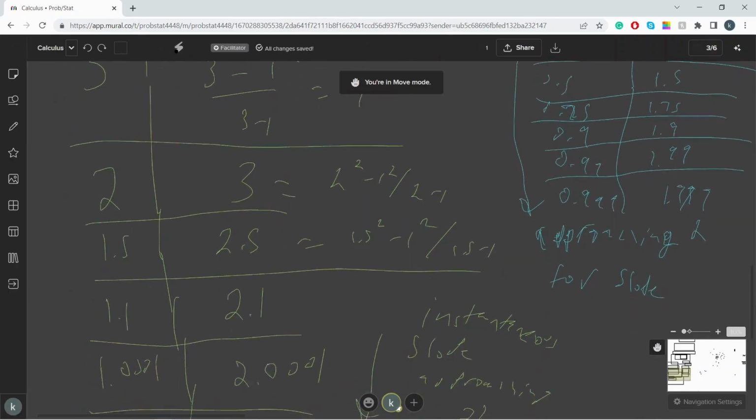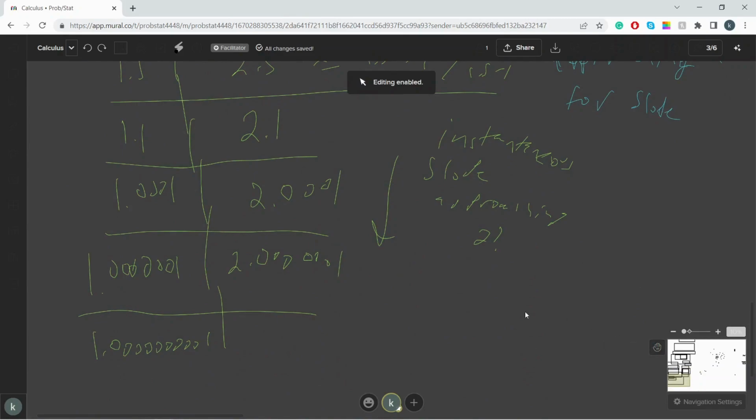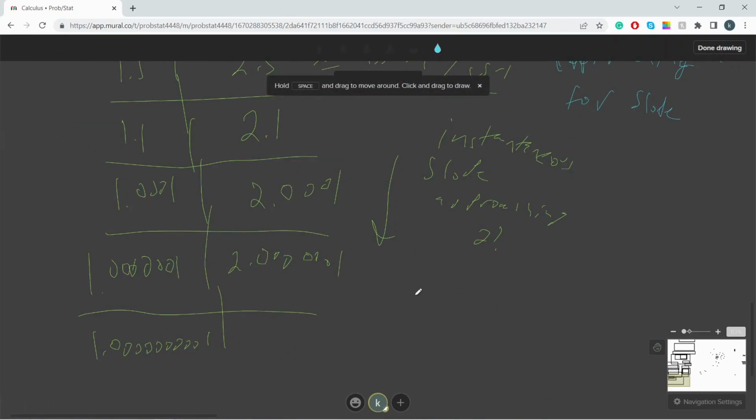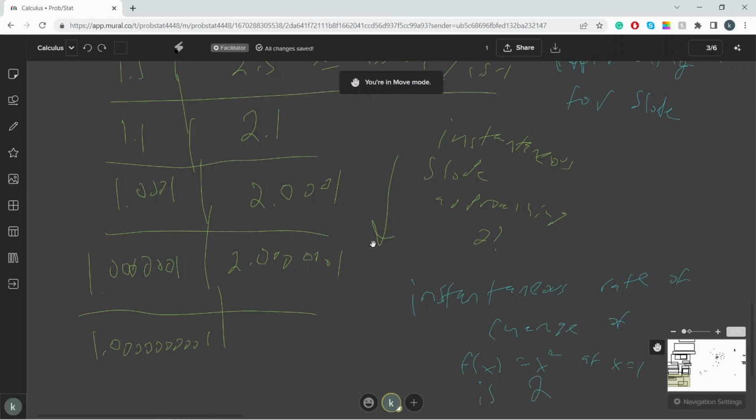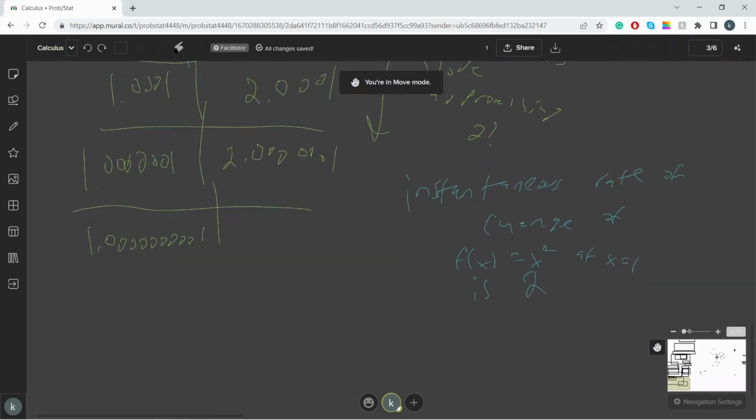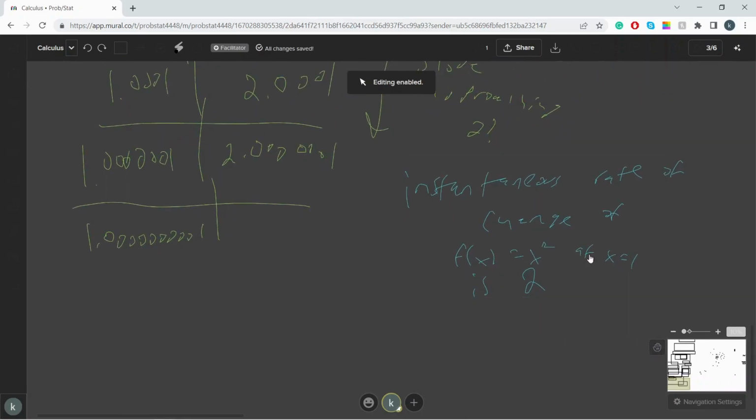So it seems safe to say that we've checked our cases, and through this, we can say that the instantaneous rate of change of f of x equals x squared at x equals 1 is 2. So it's fair to say that the instantaneous rate of change, or the derivative of f of x equals x squared at x equals 1, is 2. And that concludes this video.